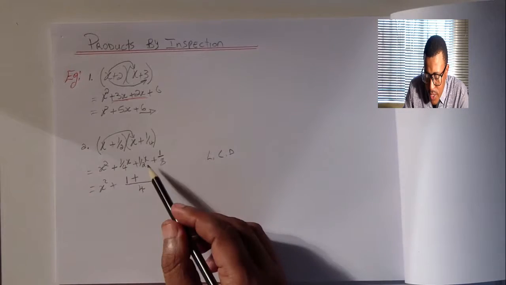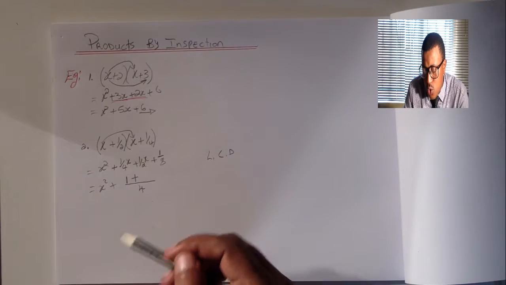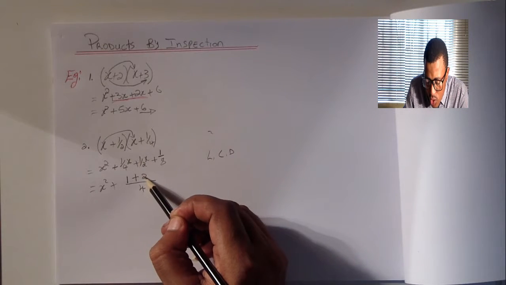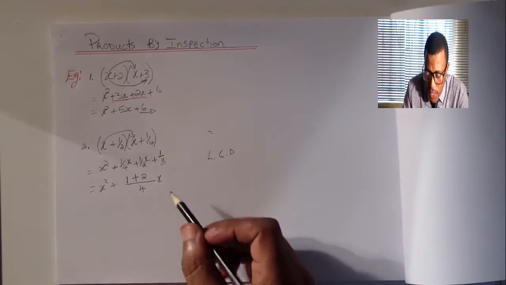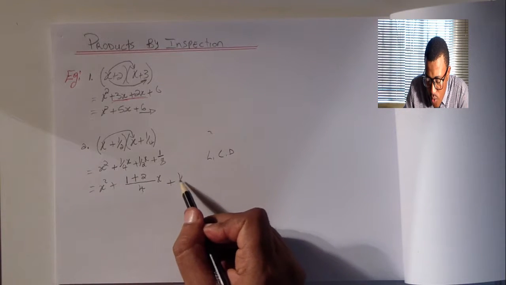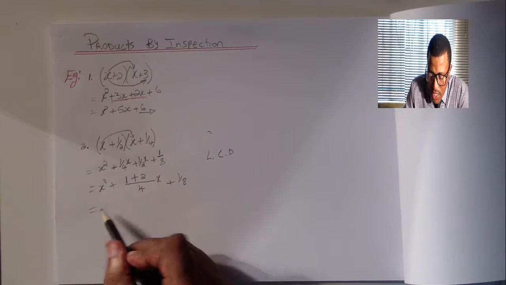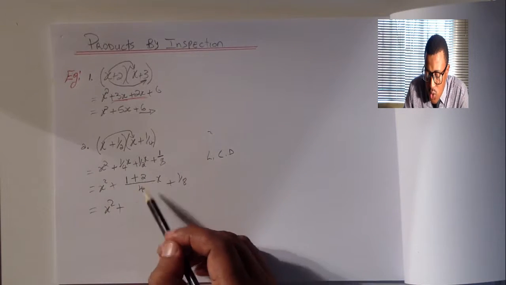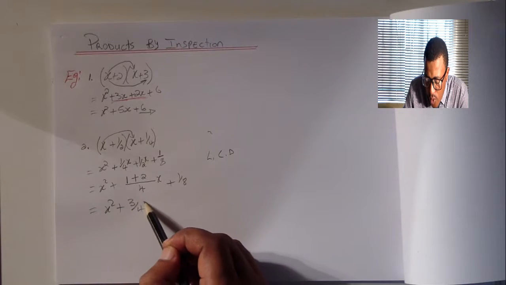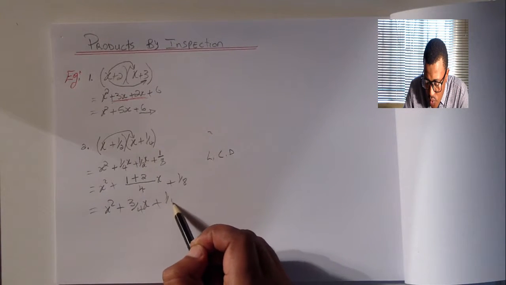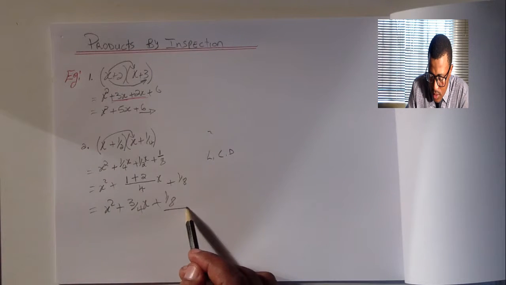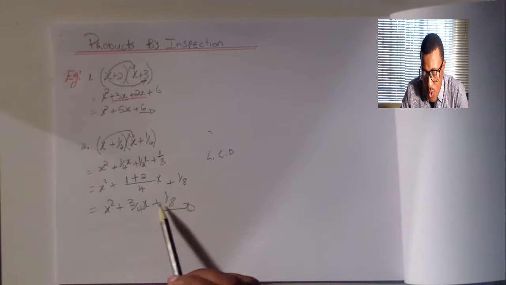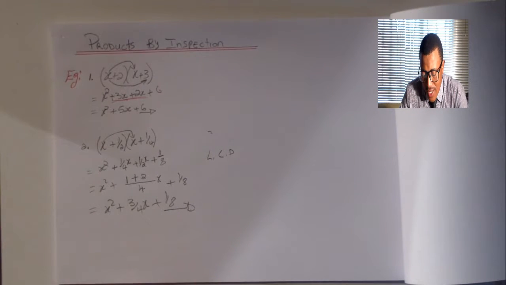Positive sign. 2 divided into 4 goes 2 times, we multiply that 2 by this 1, we get 2, not forgetting our variable x, plus 1 over 8. Therefore our answer is x squared plus 1 added to 2 is 3 over 4 x plus 1 over 8. This will be our answer, since there are no like terms to be added together.